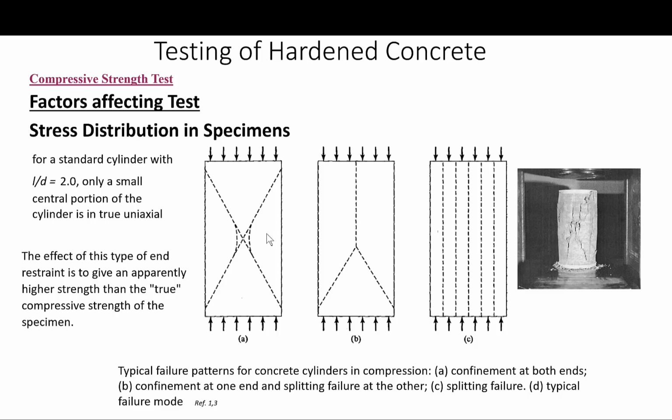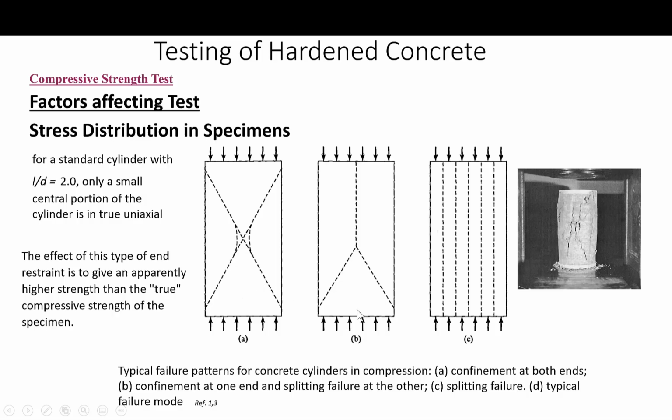As we can see here, there are different failure modes depending on the condition of the end restraint. Here we have confinement on both ends. As you can see, this area and this area have lateral confinement, and we end up with this shape of failure.